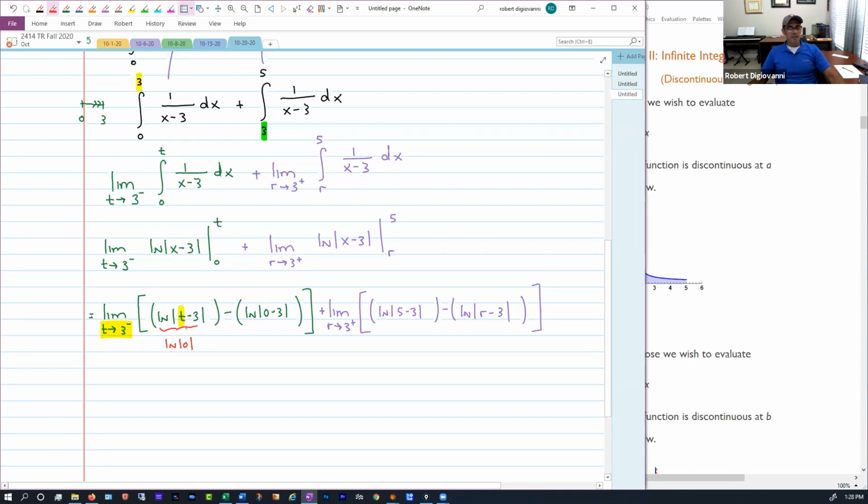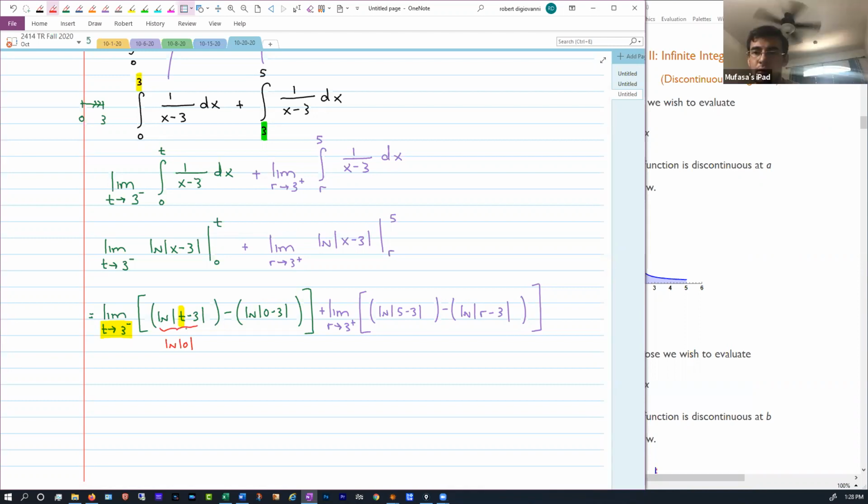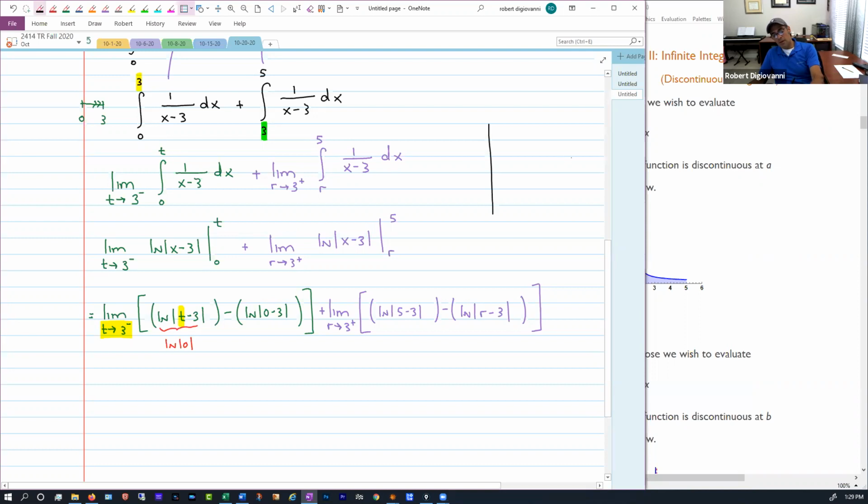Well, what's the natural log of 0? No, natural log of 1 is 0. So you have to go back to the graph again, right? What does natural log look like? So at 0, you have a vertical asymptote, don't you?